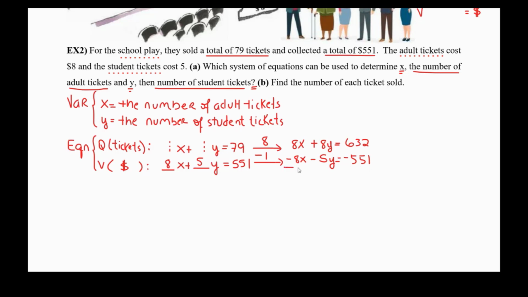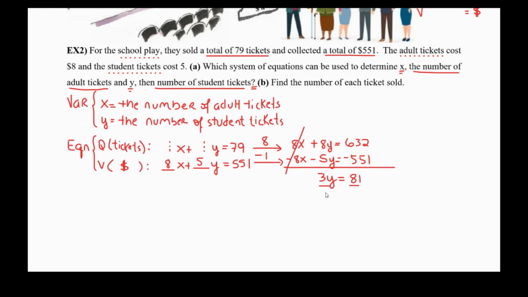Draw the line. Now we're going to cancel these two. 8 minus 5 is 3y, and 632 minus 551 is 81.